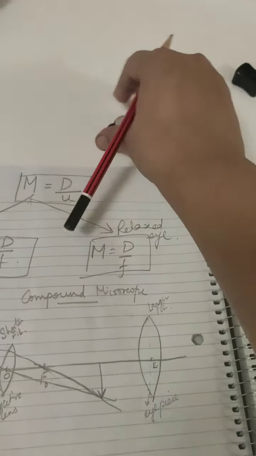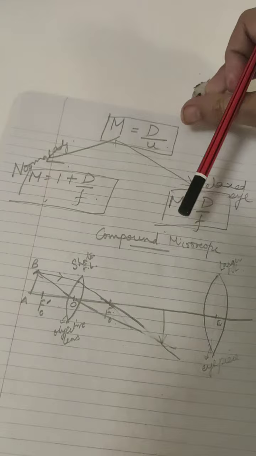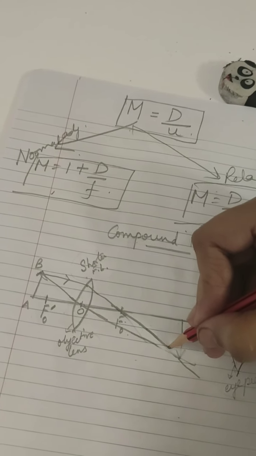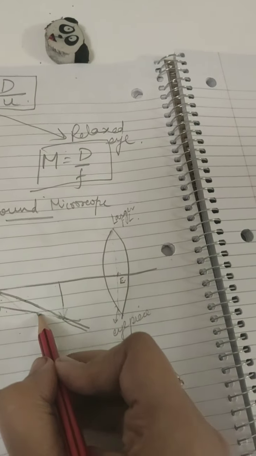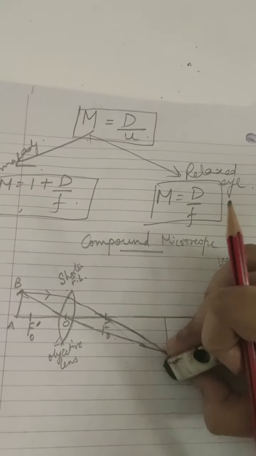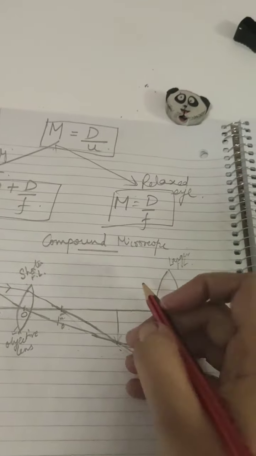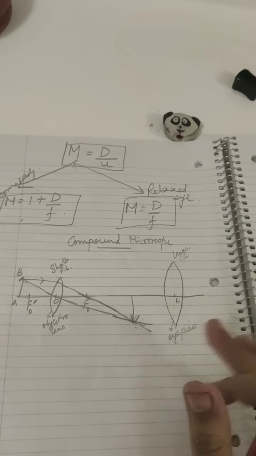It should have been here actually. So let the two rays meet here. This is one ray and this is the other ray. Okay, so it is giving a real and inverted image of the object.